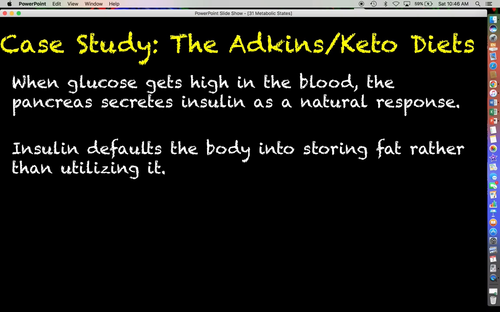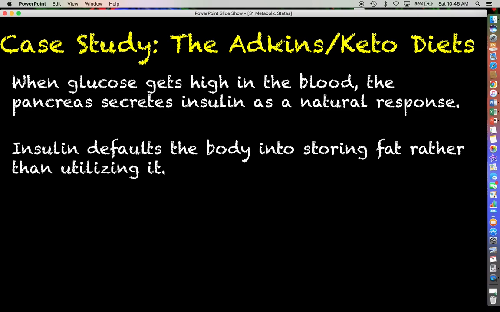When we eat food, specifically when glucose levels get high in the blood, so when we're eating something that has carbohydrates in it, that causes our glucose levels to go up, and that causes our pancreas to secrete insulin. And what we're saying here is that when insulin is doing its job, it makes it very hard to burn fat.